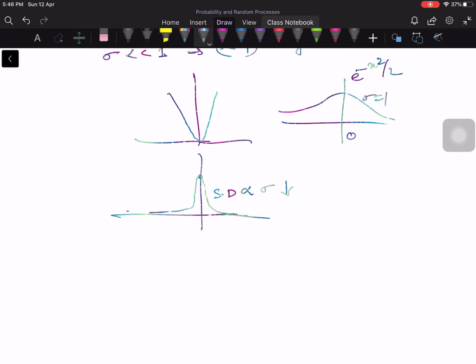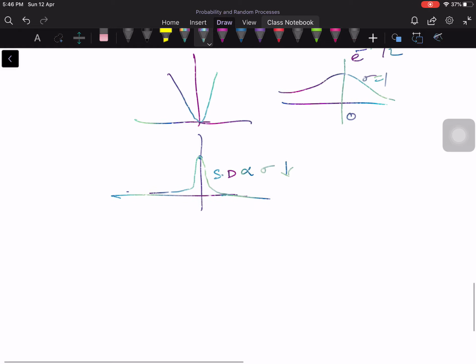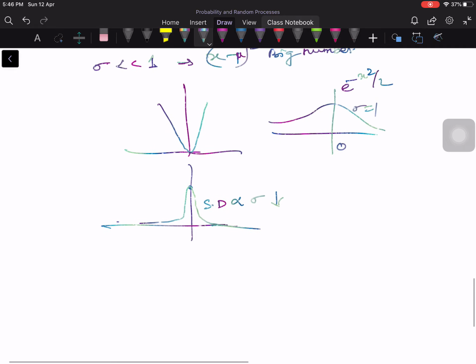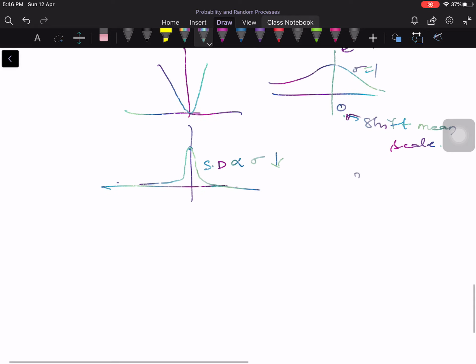This gives us a normal with a given mean and variance. Therefore, you shift to the mean point and scale it. Shifting the mean point changes x square to x minus mu the whole square, and instead of 2 we put 2 sigma square.